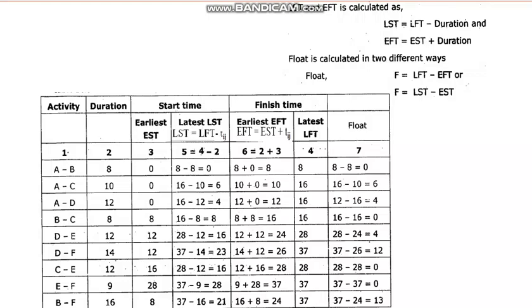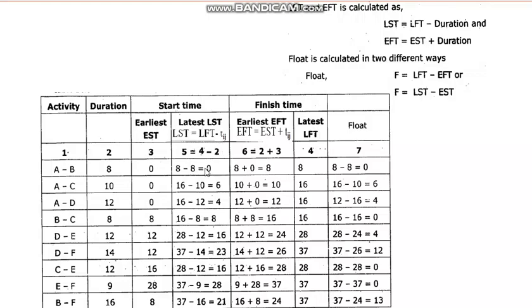Then afterwards, now latest start time. That means if you are delaying, how much can you delay so that the project duration will not be prolonged or extended. For that, latest finish time, that is column 4, minus column 2, which is the duration.